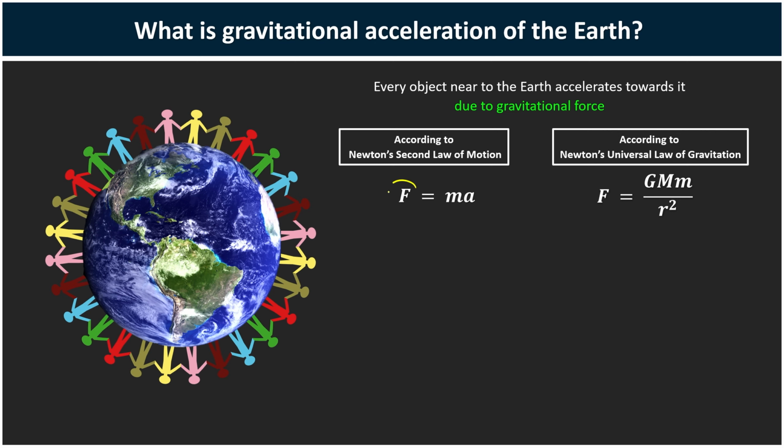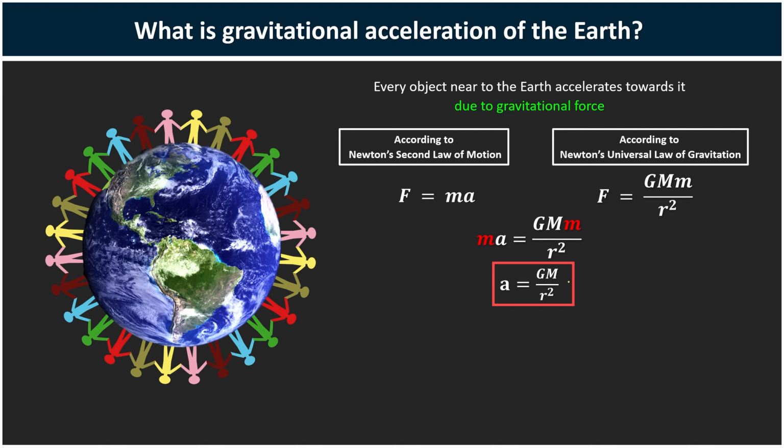Since both of the F represent the same gravitational force, we can put them together in one equation where ma equals GMm over r squared. Since both of the m represent the mass of the object, we can cancel it out, and bam! We have the formula for gravitational acceleration.